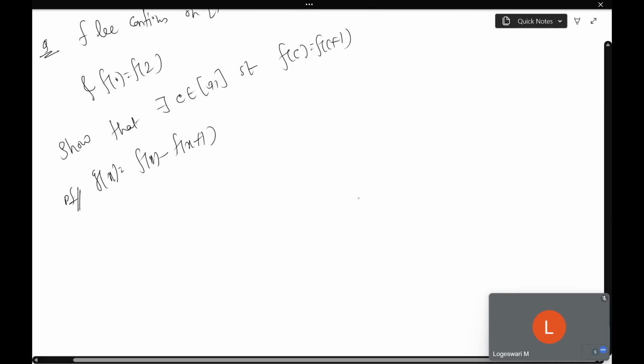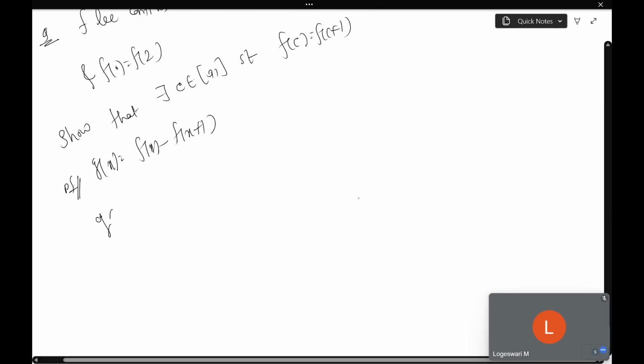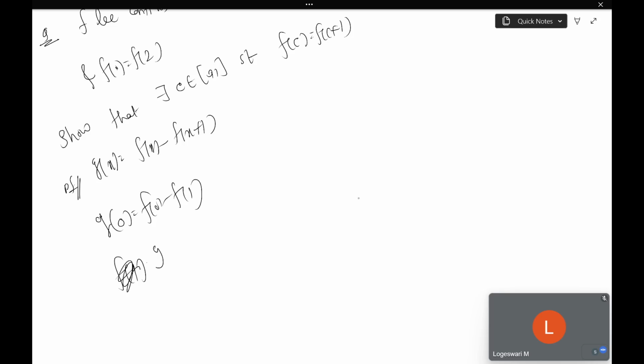Now observe one thing: what about g(0)? g(0) is equal to f(0) minus f(1). And what about g(1)? g(1) is equal to f(1) minus f(2). But f(2) is equal to f(0) as given, so it is f(1) minus f(0). This implies g(0)g(1) is less than 0.